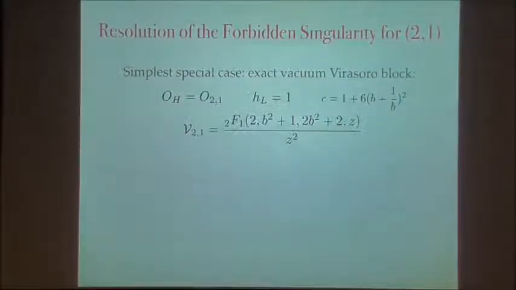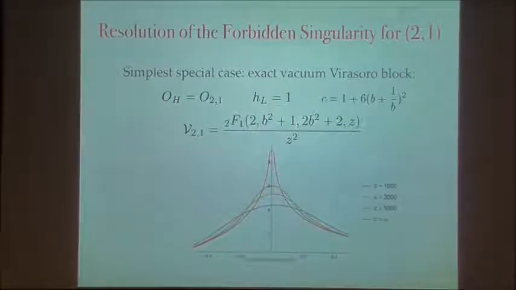For this O21 state, we have that second order differential equation that we can solve in terms of a hypergeometric function. Here we take large c by taking b large, so basically c is just b squared. With this hypergeometric function, we can study what happens near z equal to 2, which is the position of the forbidden singularity. This is the plot, and the red line is the semi-classical block.